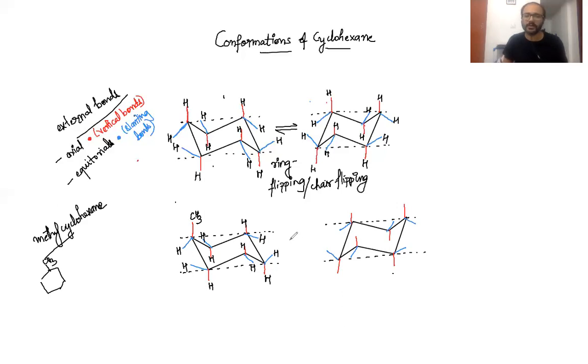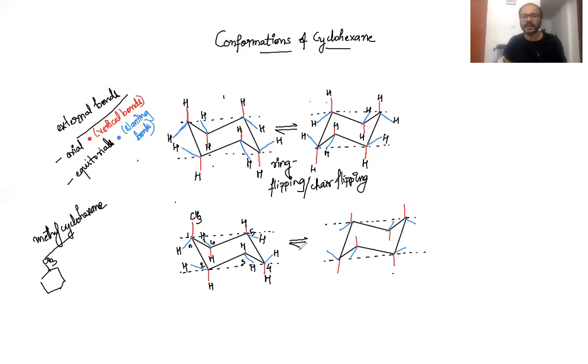Now what is happening is ring flipping. Ring flipping means this particular part of the chair goes down, and this particular part of the chair goes up. That is what is happening here. Suppose I number them: this is 1, and then 2, 3, 4, 5, and 6.